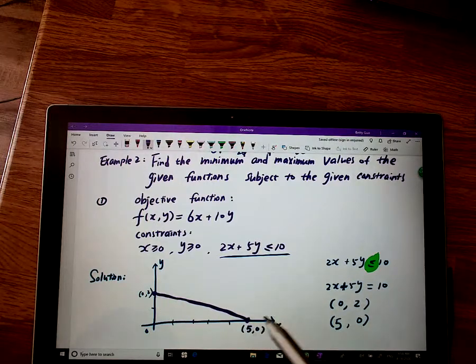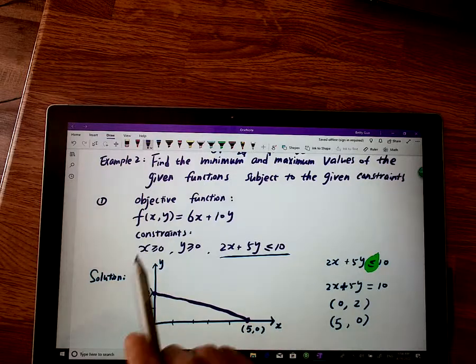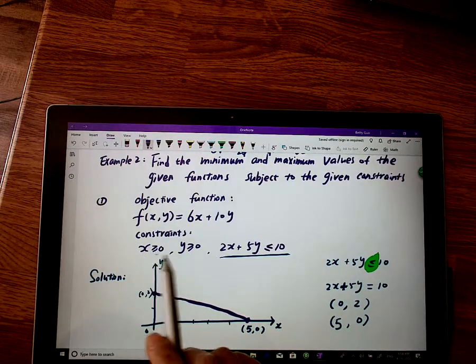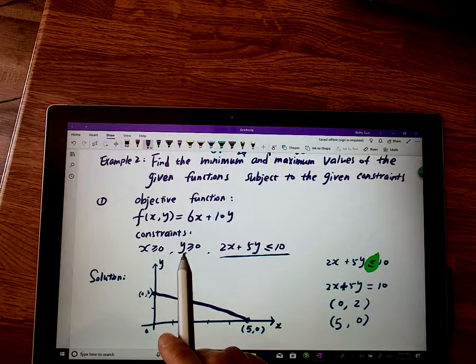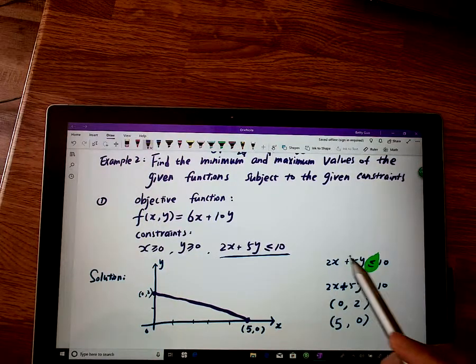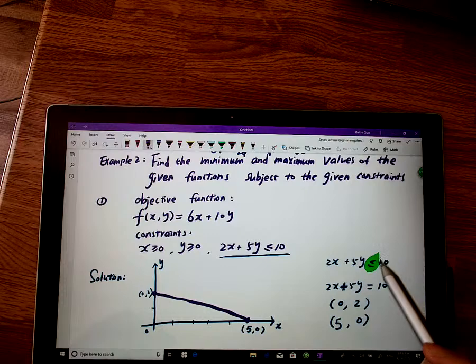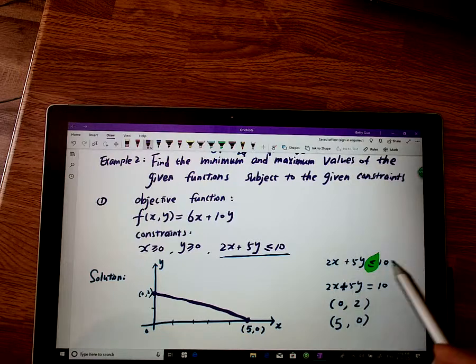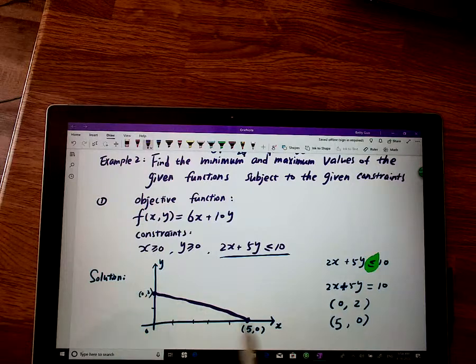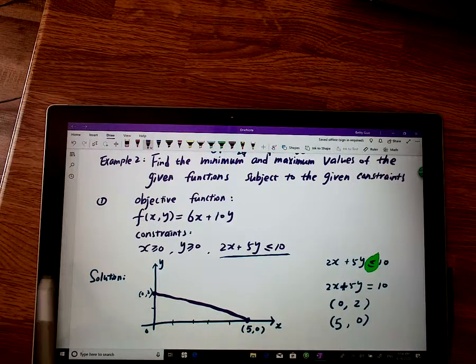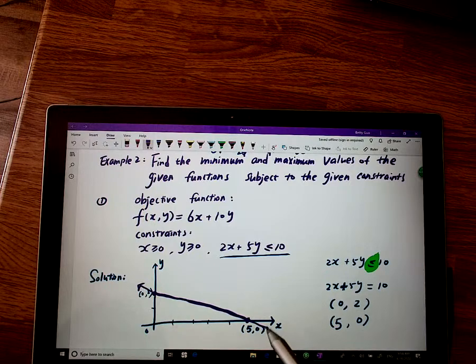I'm drawing a line segment only because up front I see that the variables x and y are non-negative. But when we only think about the solution of this inequality, the boundary would be a straight line, extending.